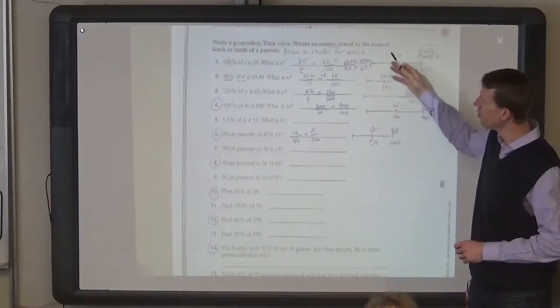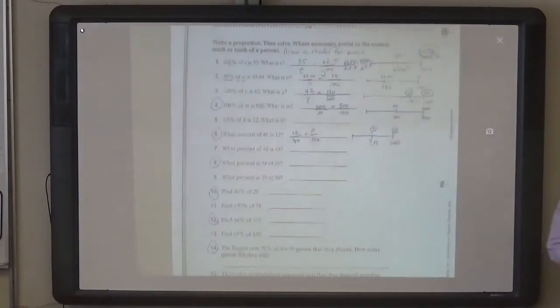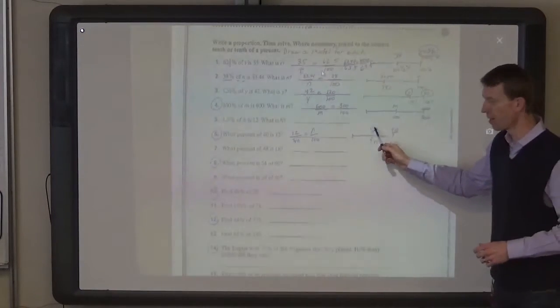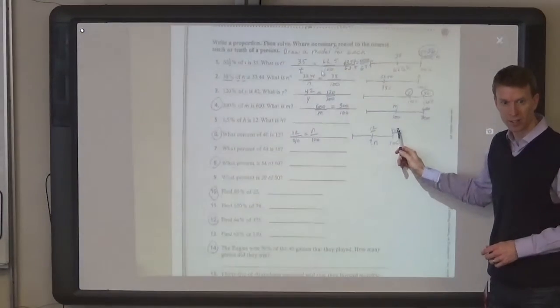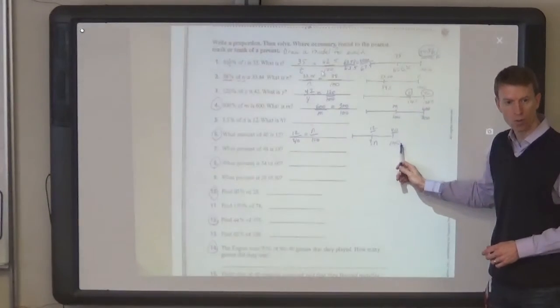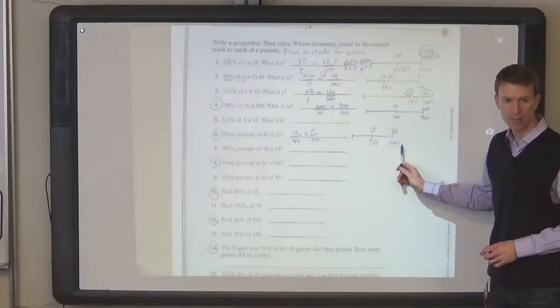Because I'm showing you a model, how the model can help you set up the proportion correctly. We talked about this already, Emily. The part over the whole is equal to the percent number over 100. That's how you have to set up the proportion. Okay?